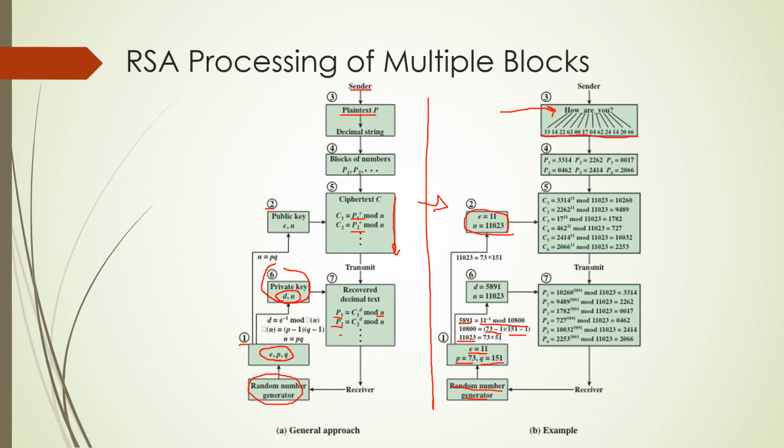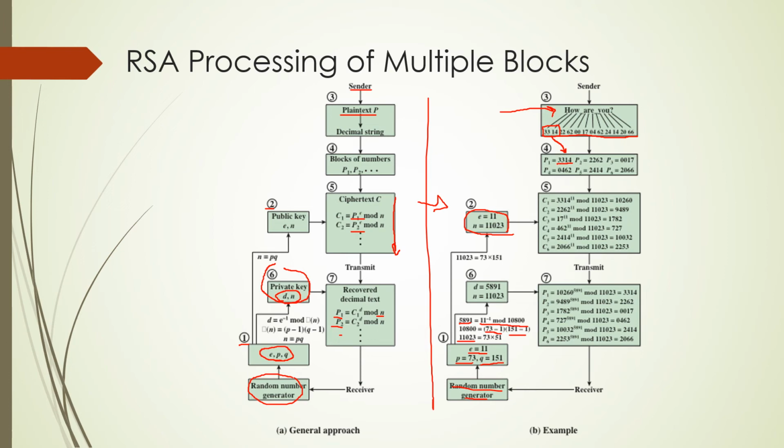Then we create multiple plain text blocks. Each one consists of 4 digits, and to create these blocks, we just concatenate two-digit numbers, let's say 33 and 14, which encode H and O, will create the first plain text block, which is 3314.